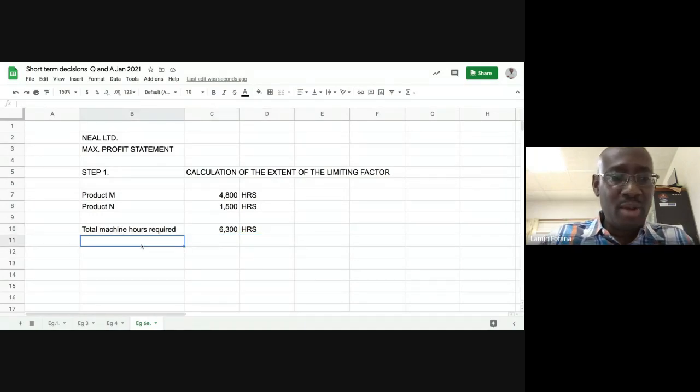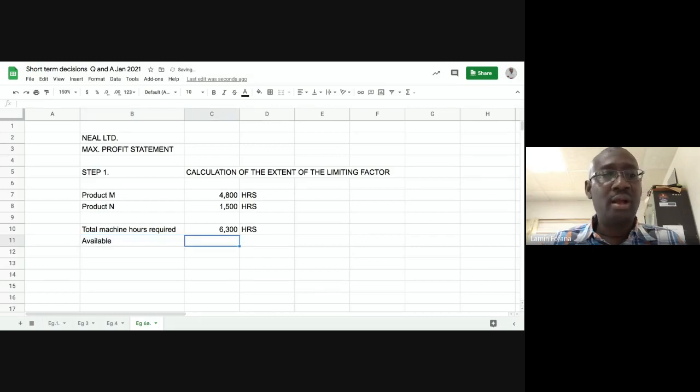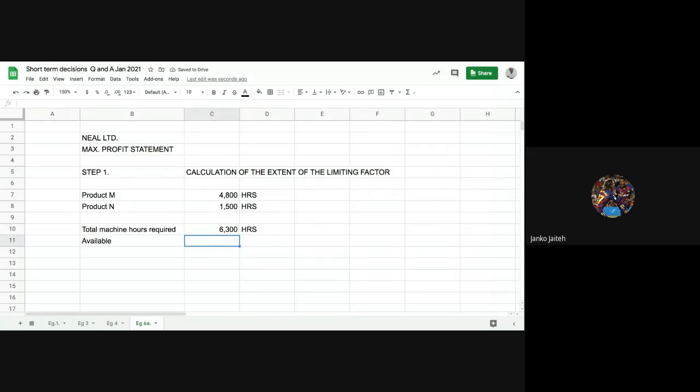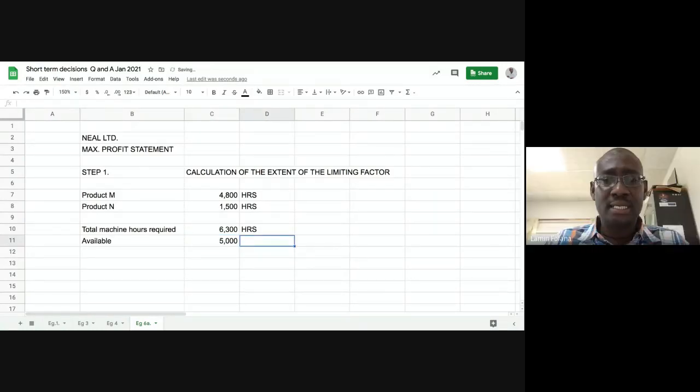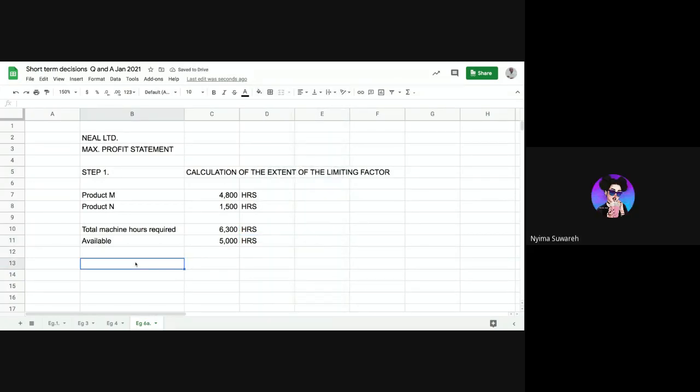6,300. What about machine hours available? How many machine hours are available as per the question? 5,000. So do we have enough or not? We don't have enough. So we have a shortfall of how many hours?